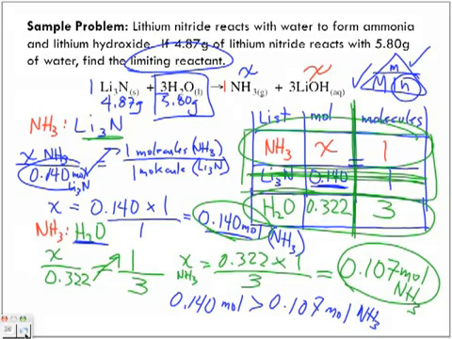Now, we could have done this using lithium hydroxide if we wanted to. It really wouldn't have mattered. We'd still get a greater answer with the lithium nitride than we would with the water. But we choose only one of our products to make the comparison.